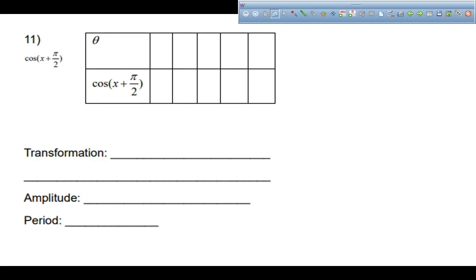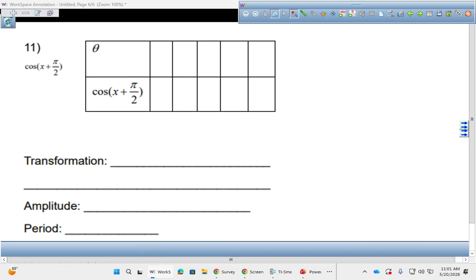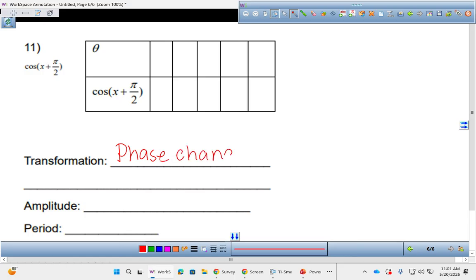All right, let's look at an example that moves the other direction. So this one has a plus pi over 2. So we'll call this a phase change. So it's going to move the graph left and right. But the plus pi over 2 moves the graph left.